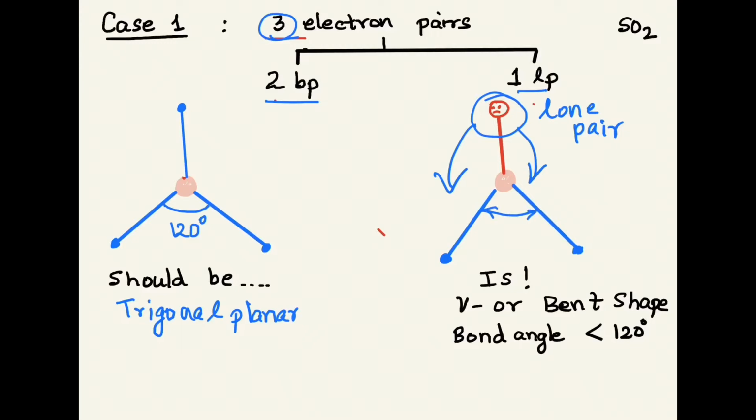When they come closer, the bond angle no longer remains 120 degrees. It becomes less than that. The shape is no longer trigonal planar. The shape is decided by the arrangement of the bond pairs. So what we get here is a V shape. You see the game being played by the lone pair.